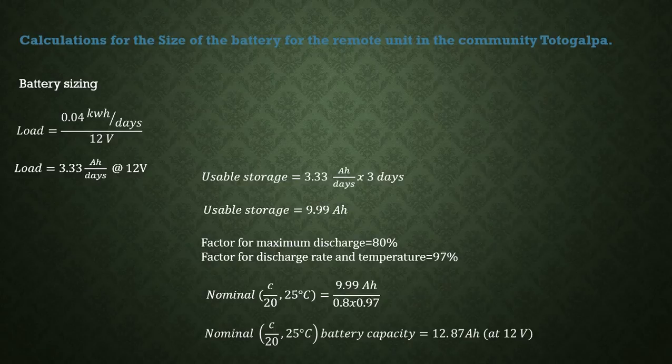Usable storage is also 3 days, and usable storage is equal to 9.99 amperes hour. Using the same factor for maximum discharge and the factor for the charge rate and temperature, we have a battery capacity of 12.87 amperes hour at 12 volts.